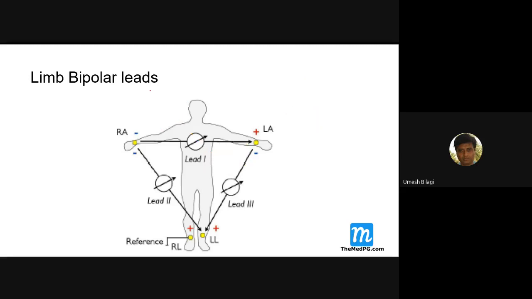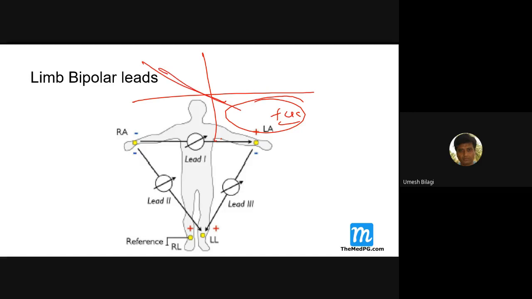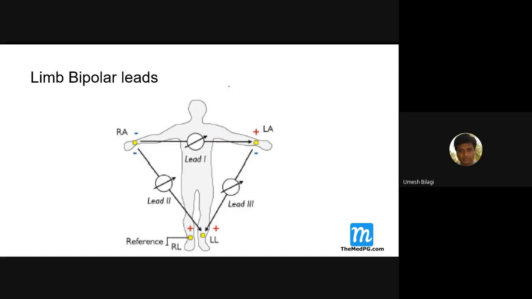If you want to record in the 4 quadrants, this quadrant forms the most positive part because the heart axis is like this, whereas this forms almost the opposite of the heart. That's what you should remember.